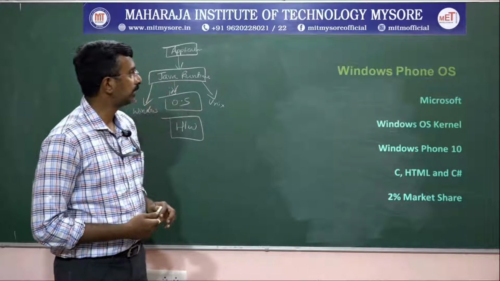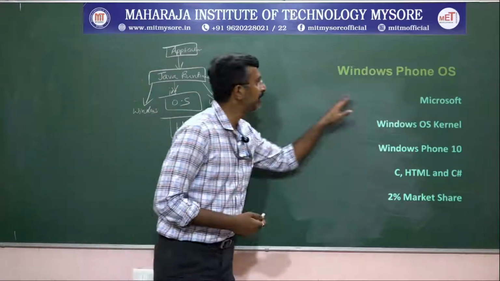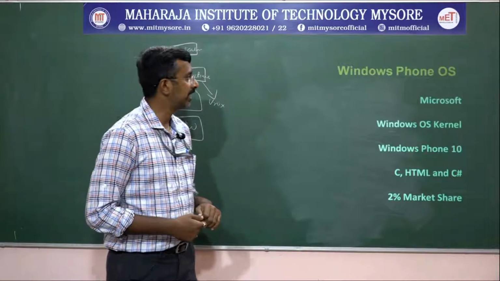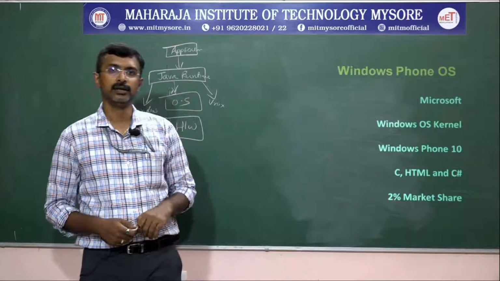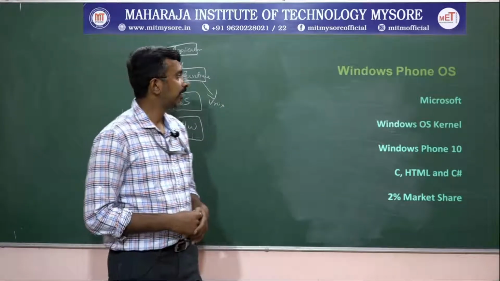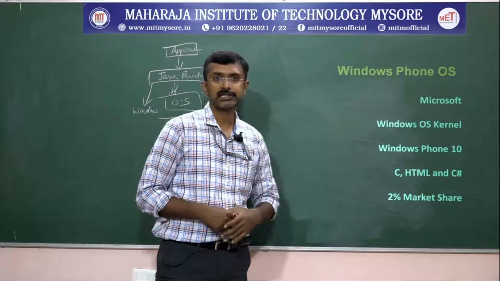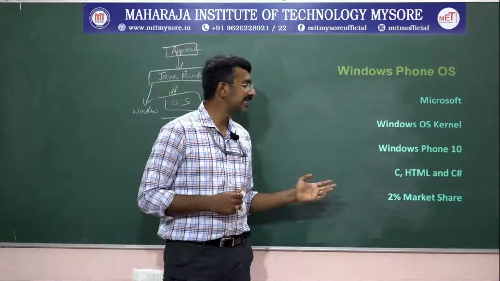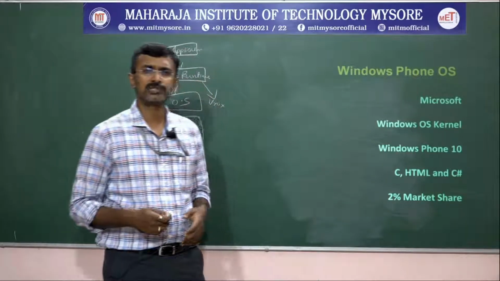Next, coming to the last OS which we will be discussing, the Windows Phone OS, which is developed by Microsoft. It runs on the Windows OS kernel, which was already there from the past 3 decades. It has stopped its releases at Windows Phone 10. It is developed using C, HTML, C#, Java, everything.